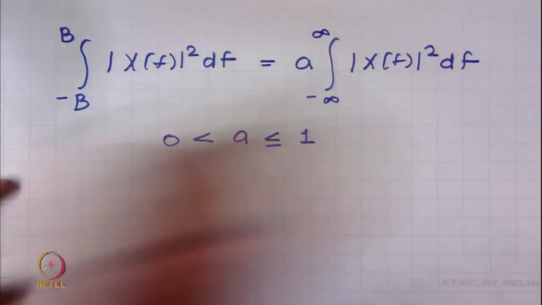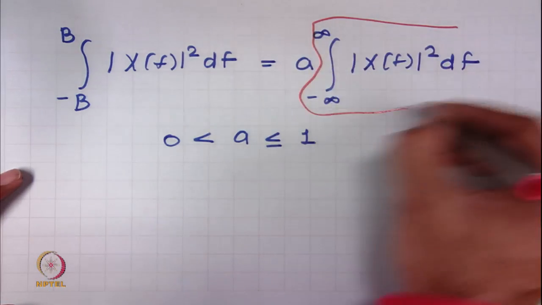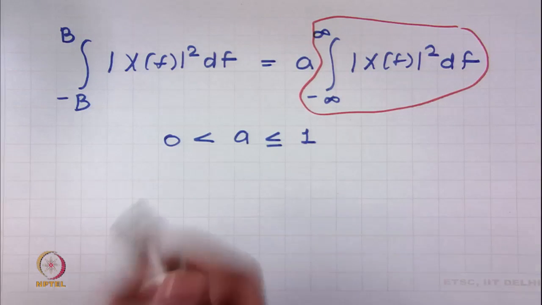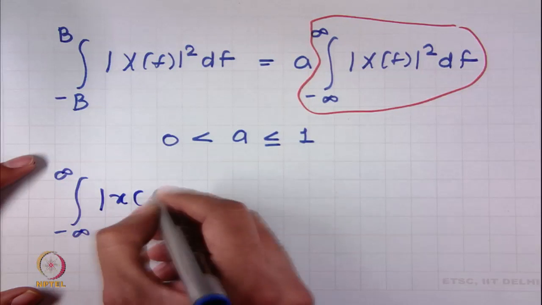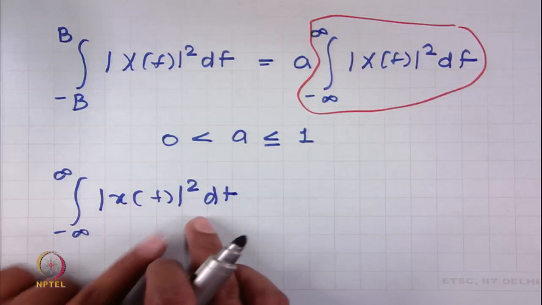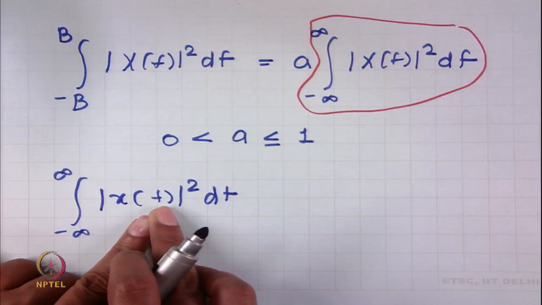Now, thinking about this total energy directly is a little bit inconvenient, but we can think about this thing in terms of this, because these two are equivalent expressions from Parseval's theorem. Now, this is an easier integration to do because x(t) is a rectangular function.